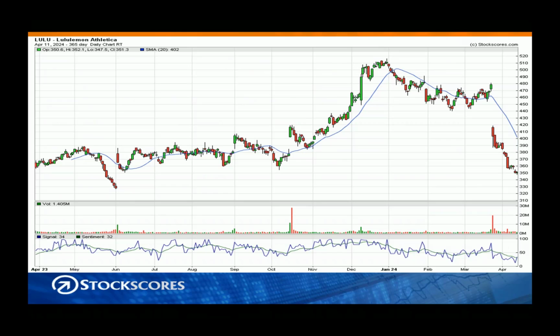This is a chart of Lululemon. Now, right over here, there's this big price gap, big price drop. It went from just under $480 a share to $415 a share overnight. If you bought the stock at 480 and the next morning you wake up and it's at 420, that's pretty depressing.